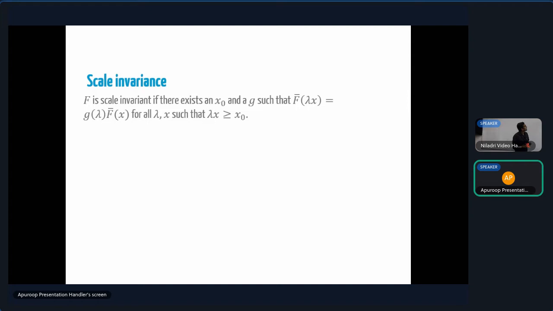This has to hold so long as lambda x and x are greater than x naught, which is a threshold. So long as your pre-scaling and post-scaling points are to the right of x naught, the scaled version of the CCDF is some scalar multiple of the unscaled version of the CCDF. If the CCDF has this property, then we say that the CCDF is scale invariant.